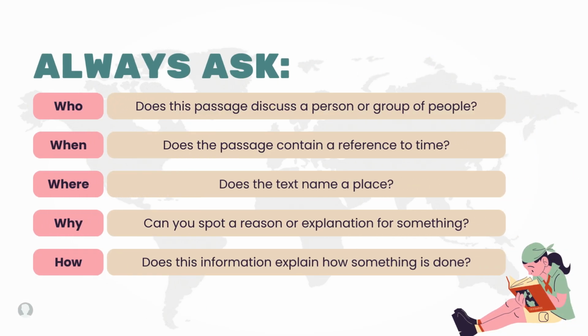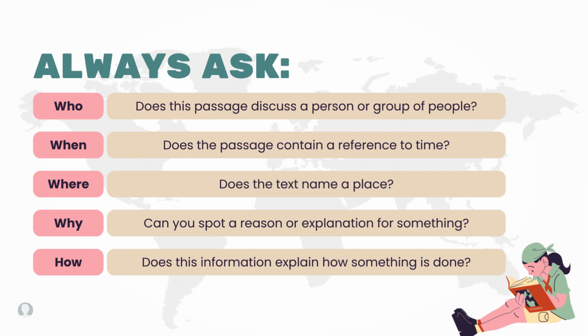When spotting the main idea, always ask yourself the who, when, where, why, and how questions. Who? Does this passage discuss a person or a group of people? When? Does this passage contain a reference to time?